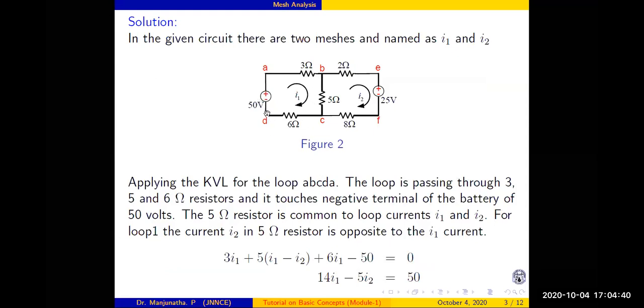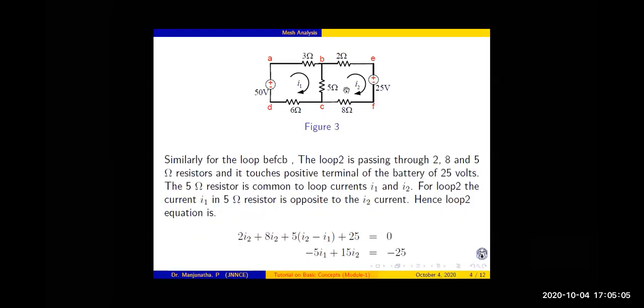While moving, you reach minus 50 volts, so minus 50 is equal to 0. 5 plus 3 is 8, 8 plus 6 is 14I1. The common 5 carries current I2, so minus 5I2 is equal to 50. Next, the second mesh: 2I2, plus 25.